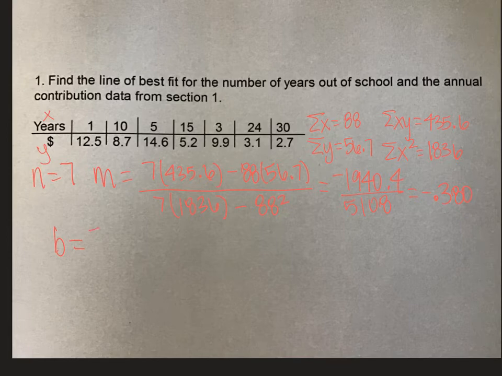So 56.7 divided by 7 minus my slope, which was negative 0.380, times the sum of my x's, which was 88, divided by 7.